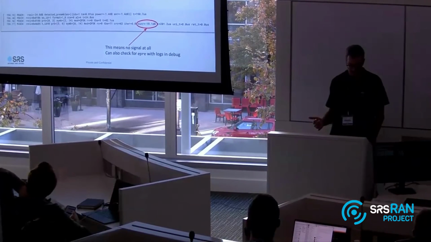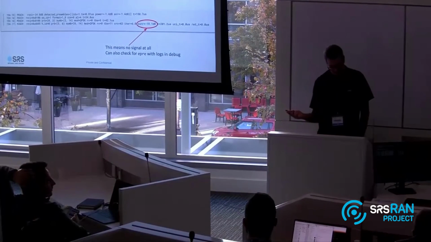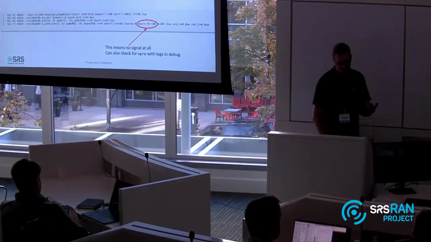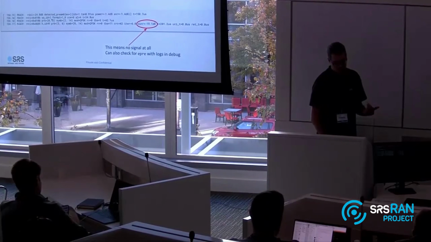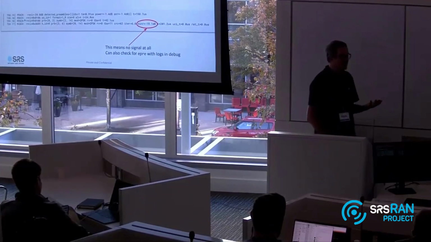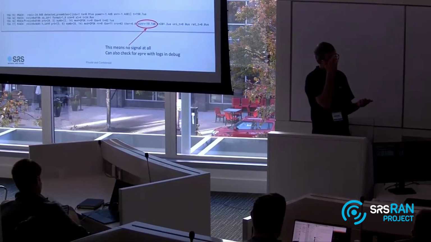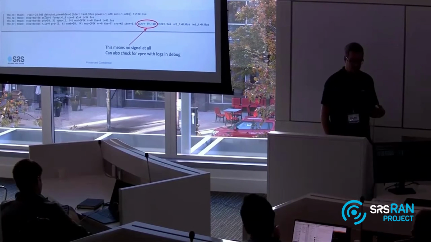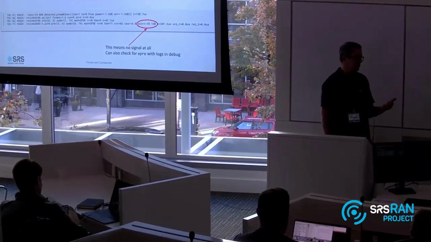And the reason that there is no signal can be multiple, but it can be that we sent the grant, but the UE didn't receive it, and then it's not transmitting, or that the UE is transmitting at such low power that it's not even being received.